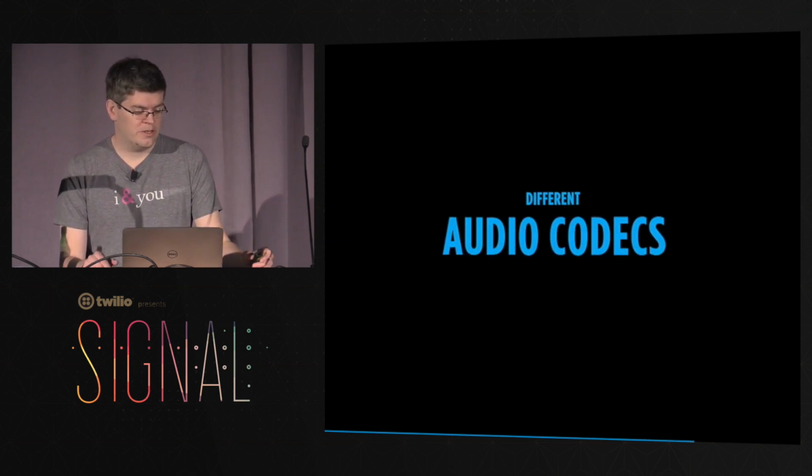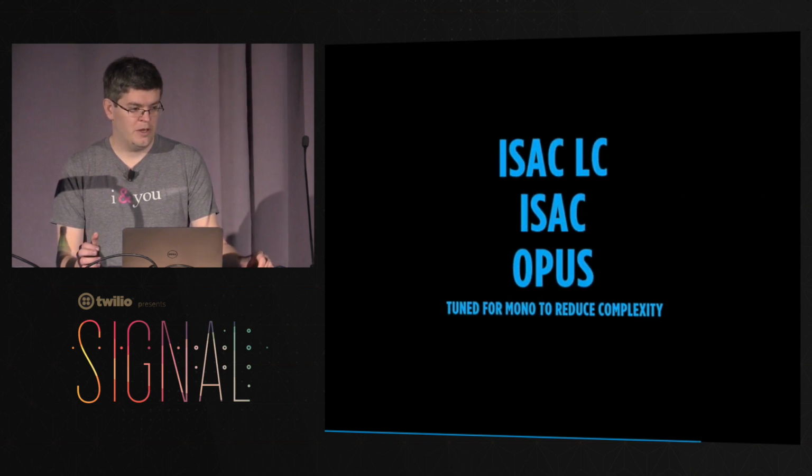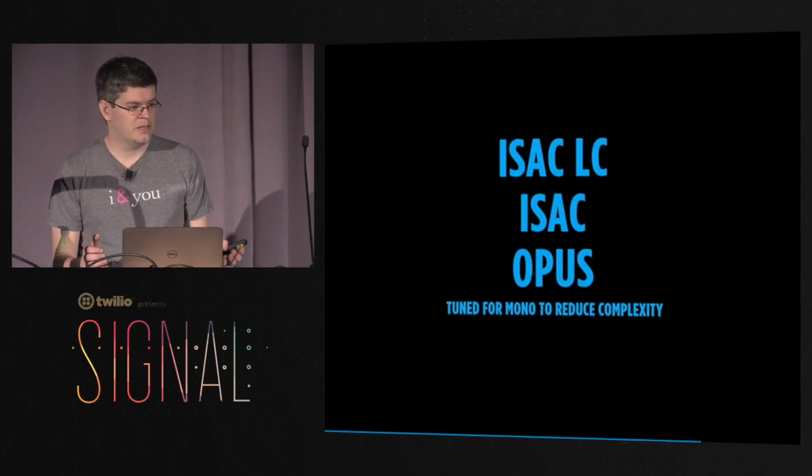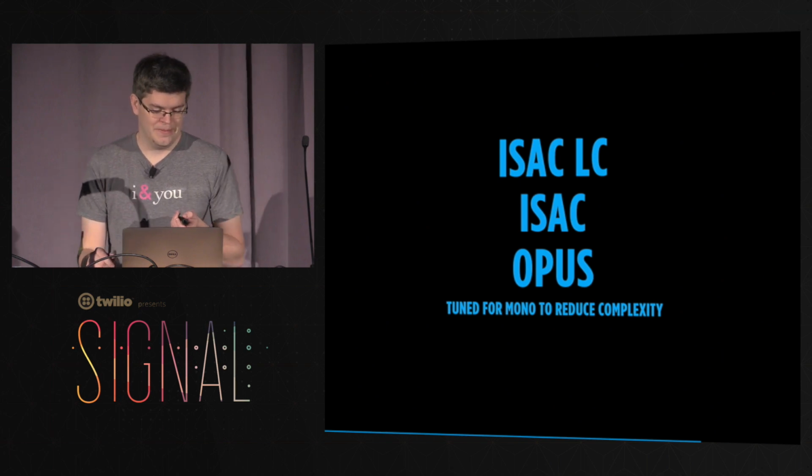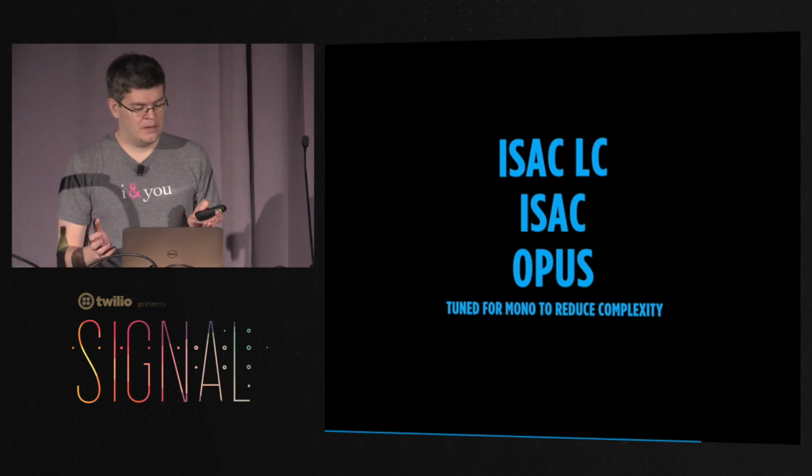And more importantly, they use different audio codecs. So if you have two Android devices, they are using a variant of iSAC called iSAC Low Complexity. If you've never heard of that, few people outside of Google did probably. Between an Android or iOS device and Chrome, the iSAC codec is used because it's lower complexity than Opus.